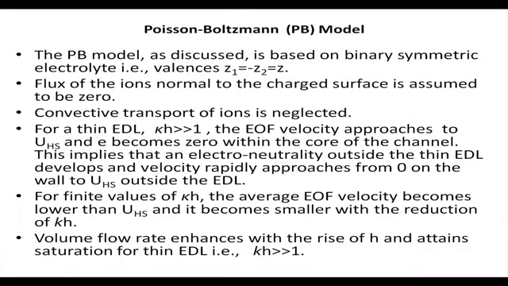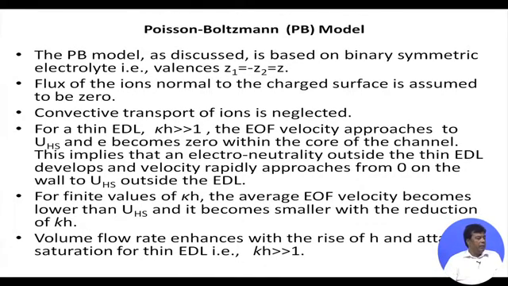But the Debye-Huckel solution we just discussed for the electroosmotic flow has limitations. The flux of ions normal to the charged surface is assumed to be 0, which is only true if the Debye length is very small. Convective transport of ions is neglected, which may also not be valid in several situations.